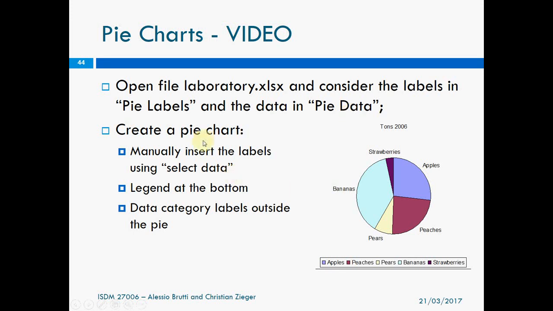And we need to produce a pie chart. You need to insert manually the labels using select data. Then you have to put legend at the bottom, and then you need to put data category labels outside the pie.